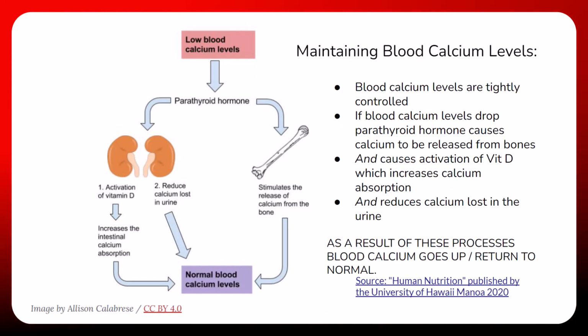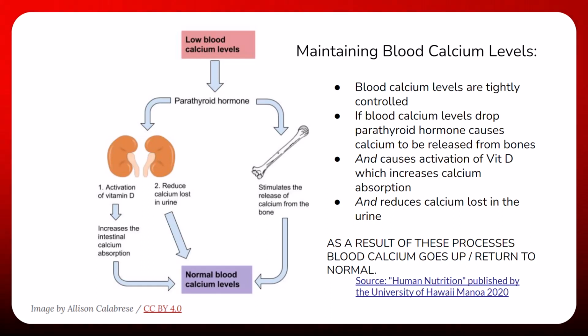So let's talk about the blood levels of calcium for a moment. Blood calcium levels are tightly controlled. If blood calcium levels drop, parathyroid hormone causes calcium to be released from the bones, and it causes activation of vitamin D, which increases calcium absorption, and it reduces calcium lost in the urine.